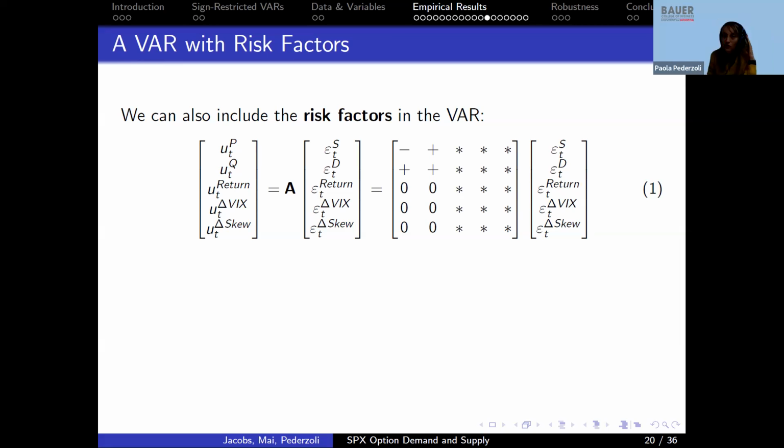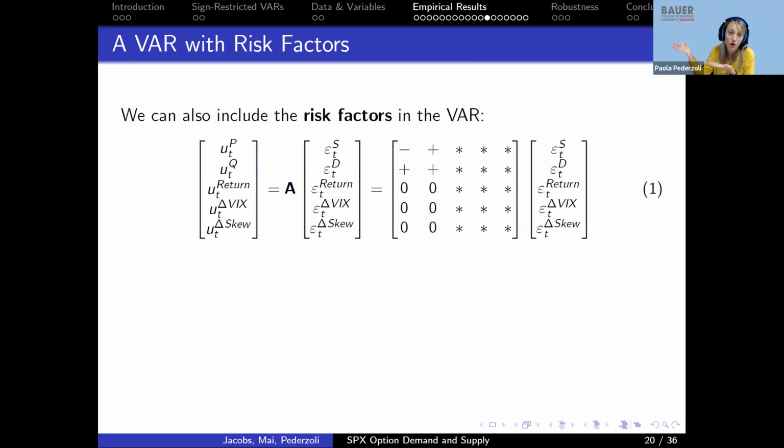So I don't know if I can jump in, just to say, basically in this matrix, every column needs to be different in order to identify the shocks. Otherwise, you cannot identify the economic shocks. We restrict the supply and demand shocks to identify them, but we do not restrict the risk shocks. So the first 2 columns identify what is a supply shock and what is a demand shock. And the last 3 columns identify the risk shocks, which actually are not identified as different.